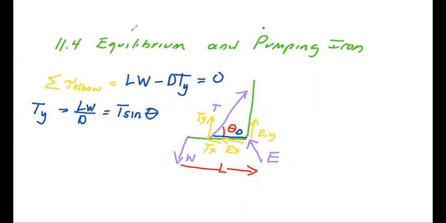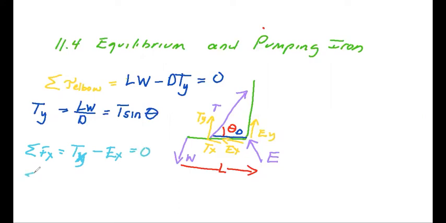All right, now continuing on to solve for E X and E Y, we're going to use the sum of the forces in the X and the sum of the forces in the Y. So the sum of the forces in the X is going to be T sub X, which goes in the positive direction, minus E sub X, and that all equals 0.